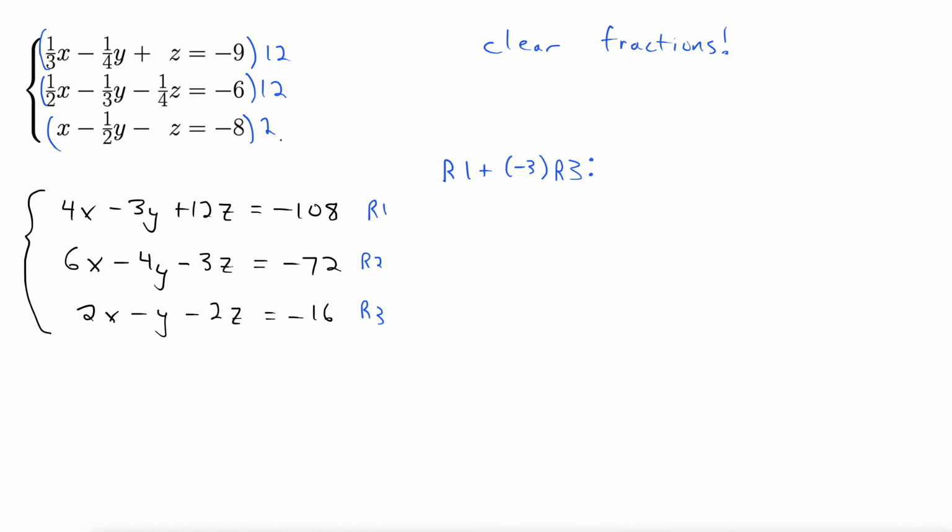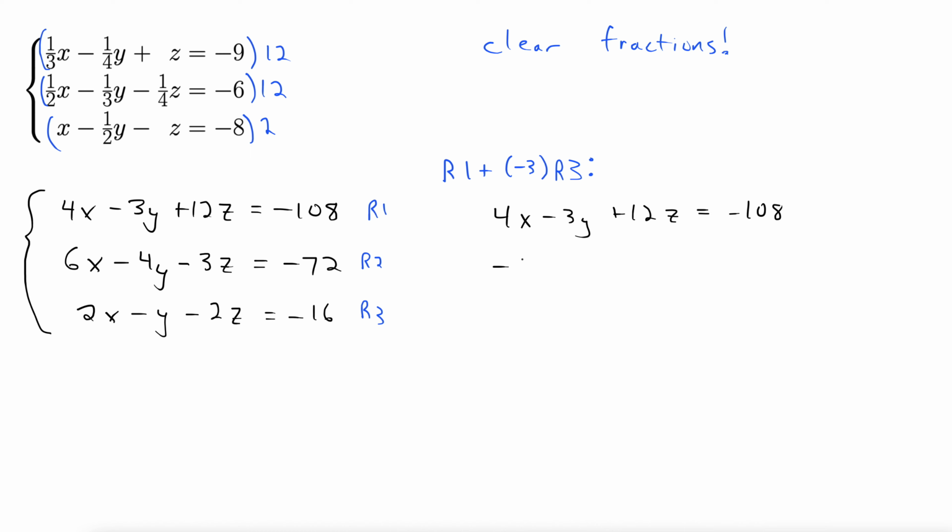Okay, so doing that gives, I'm just going to copy row 1, 4x minus 3y plus 12z equals negative 108. And then in row 3, I'm going to multiply everything by negative 3.